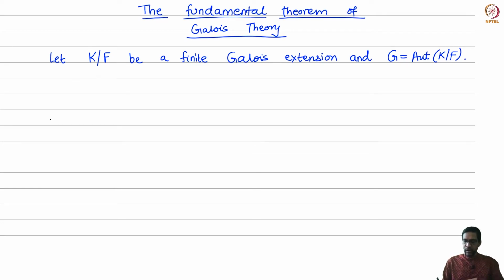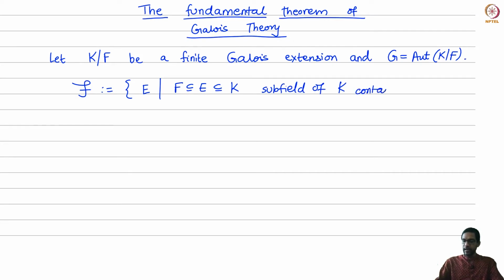They are, on the one hand, subfields of K. So let's call this script F, for field. Script F is the set of all E, where E is a subfield of K which contains F. So E is basically a subfield of K containing F, and this is sometimes called the set of all intermediate fields of this extension.